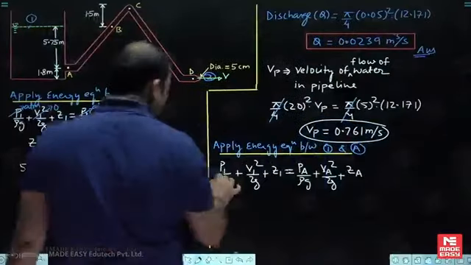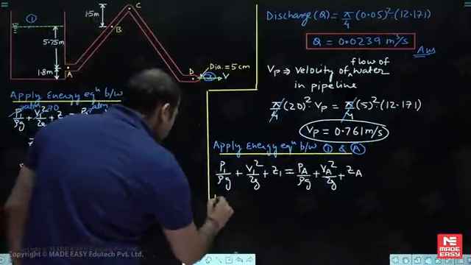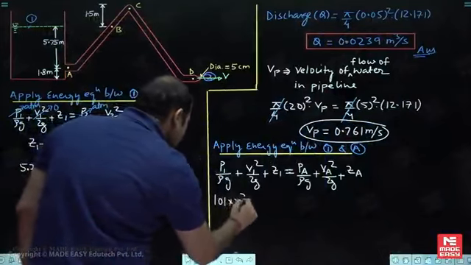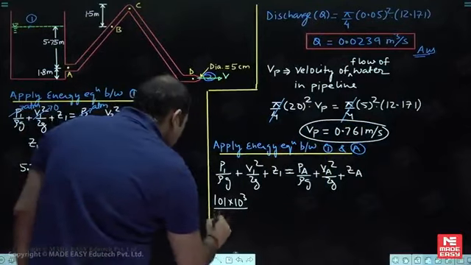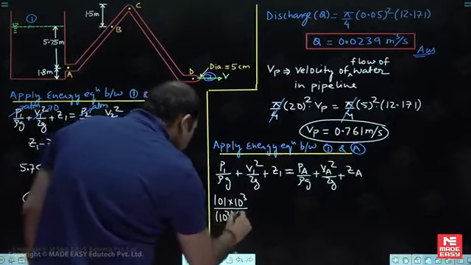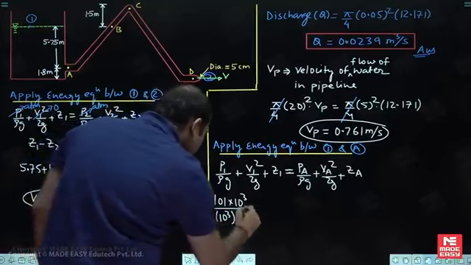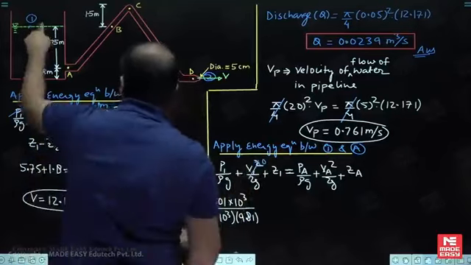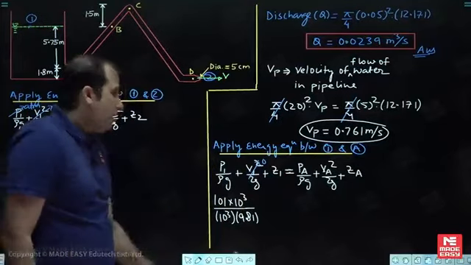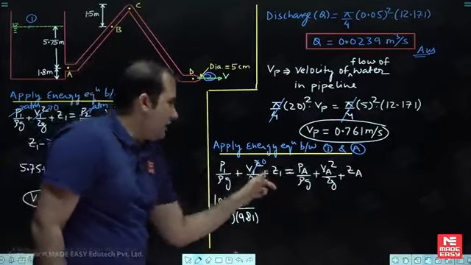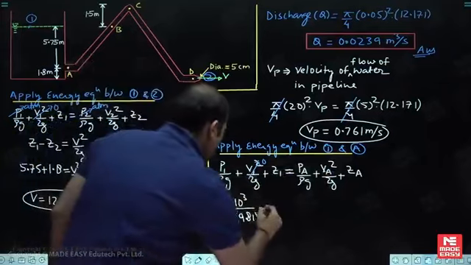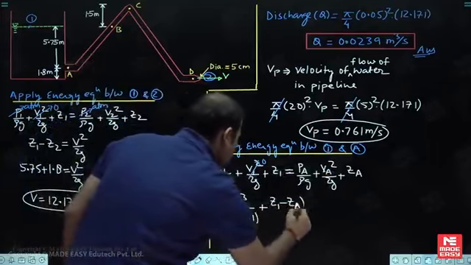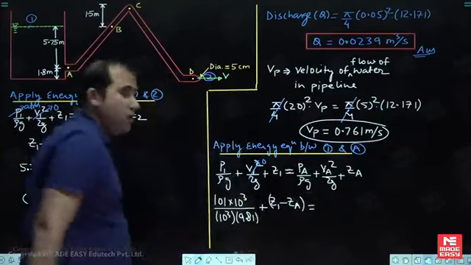So my dear, I am going to put here. So this is 101 kilopascal, 10 to power 3, and this divided by 10 to power 3 multiplied by 9.81. V1 value is equals to 0. Velocity here will be 0. Z1, ZA here I am going to take, so plus Z1 minus ZA is equals to.